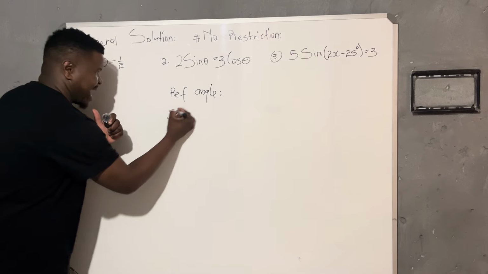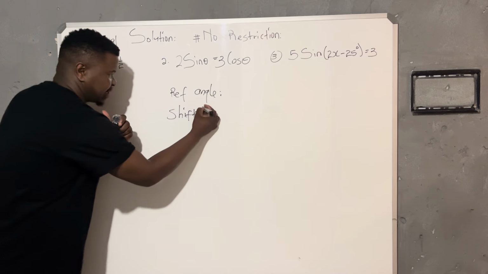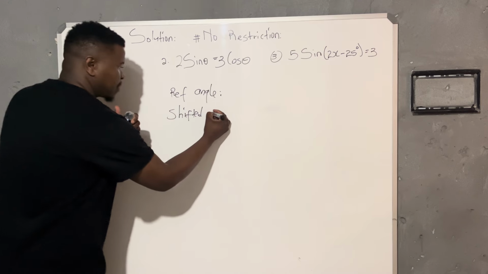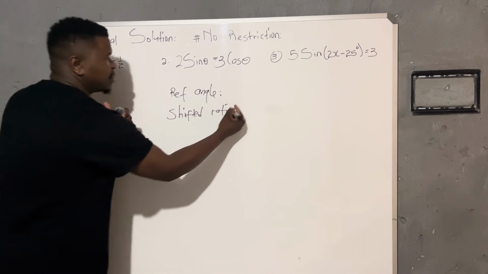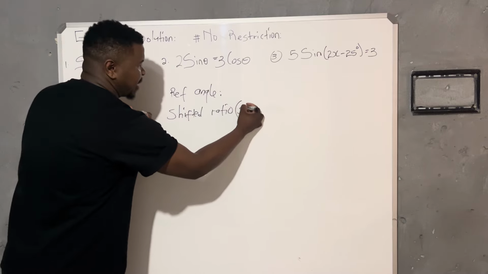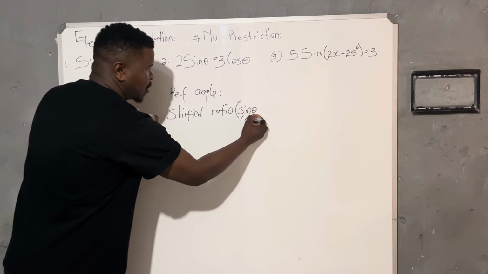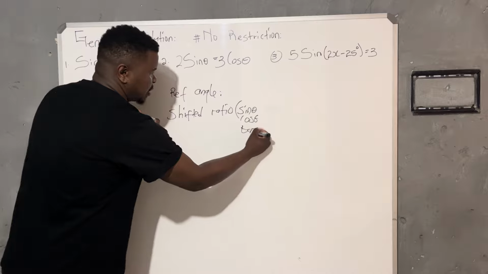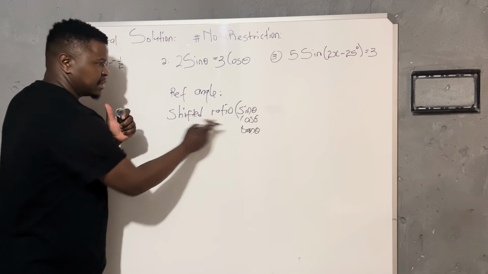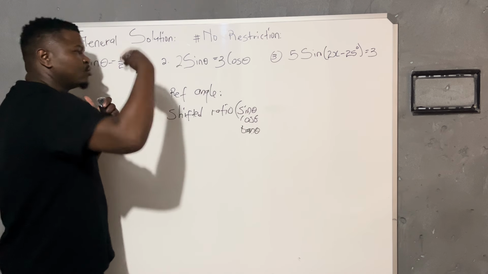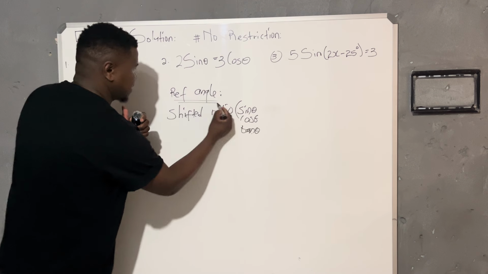Anything you get after you shifted a ratio. A ratio I'm referring to trig ratio. It can be sine, it can be cos, it can be tan. Once you shift any of this, the answer that you're going to get is a reference angle.